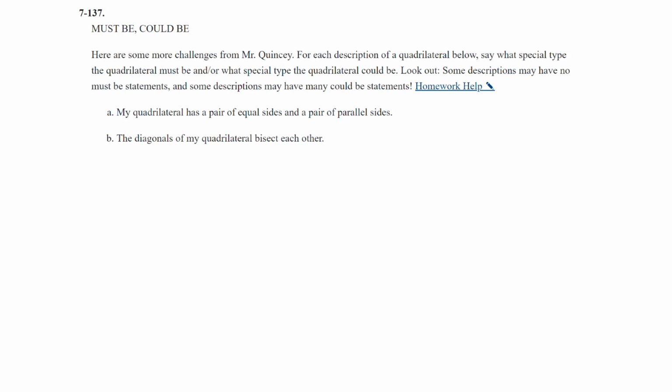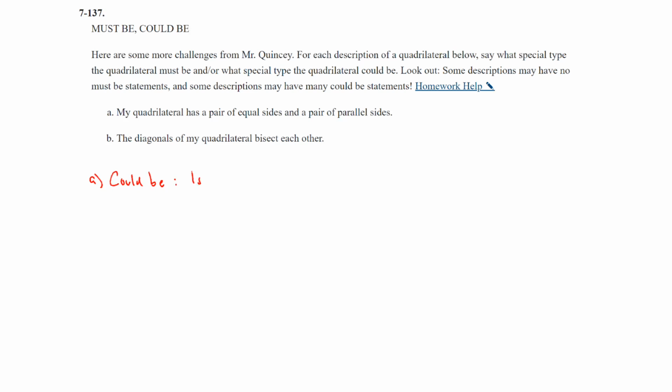Part A. My quadrilateral has a pair of equal sides and a pair of parallel sides. So in this one, you might be thinking that it must be a parallelogram, but it actually also could be an isosceles trapezoid. So you do have the option of the trapezoid or the parallelogram. So there is no must be's on this one. These are all could be's.